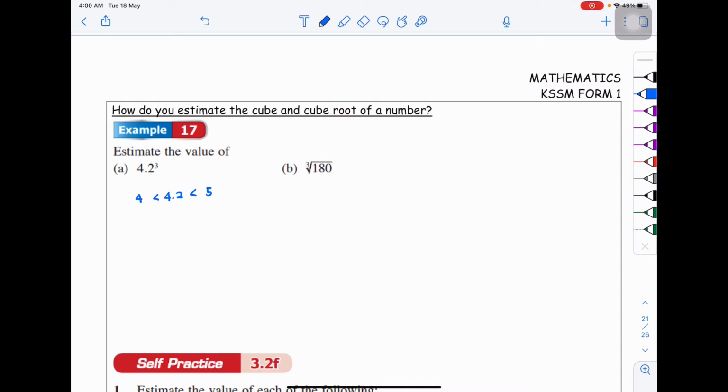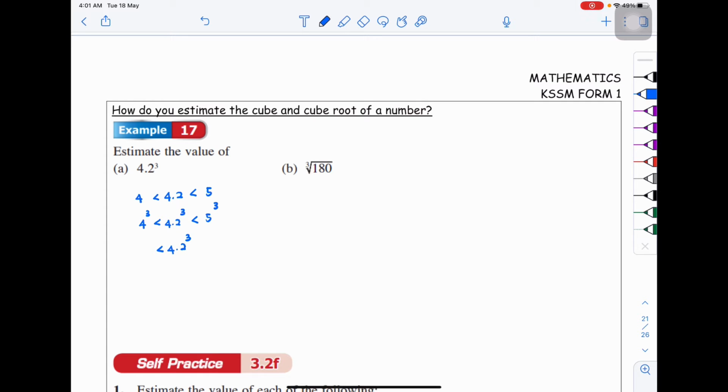So we want to know what will be the value of 4.2 to the power of 3. When we do that, we need to do the same thing at 4 to the power of 3 and 5 to the power of 3. This will be easier for us to estimate the value of 4.2 to the power of 3.